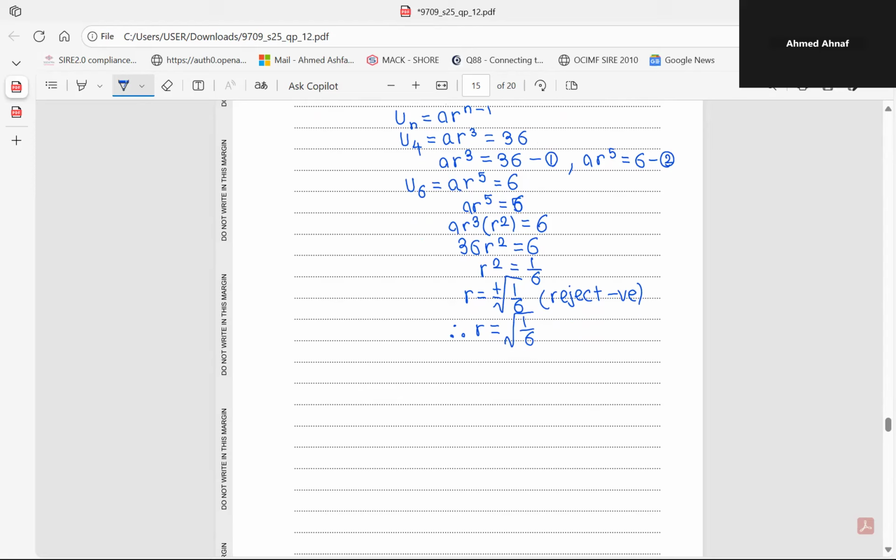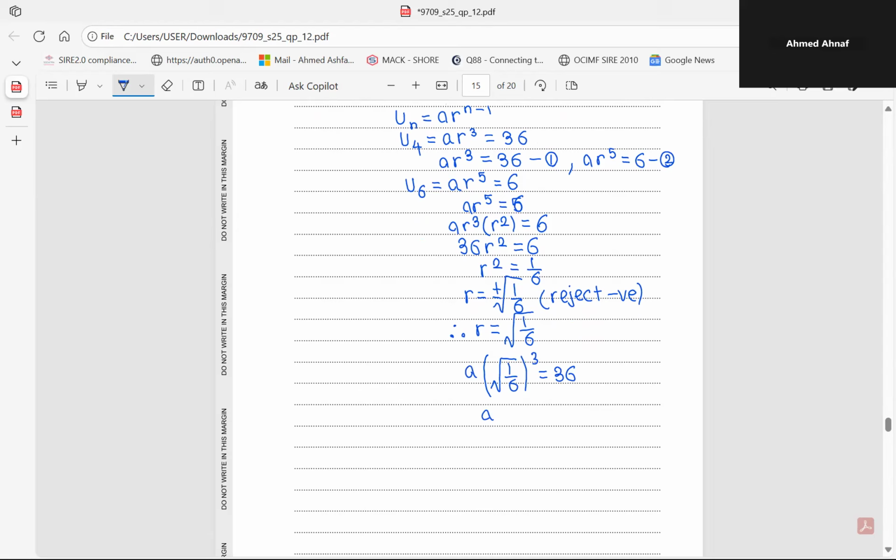Now we have to find a. So just substitute into r cubed. So a times square root 1 over 6 cubed equals 36.